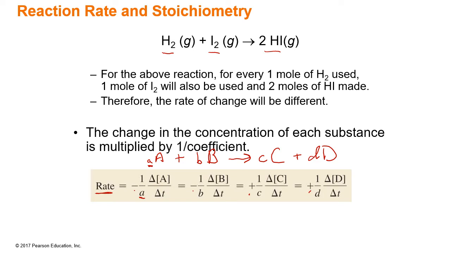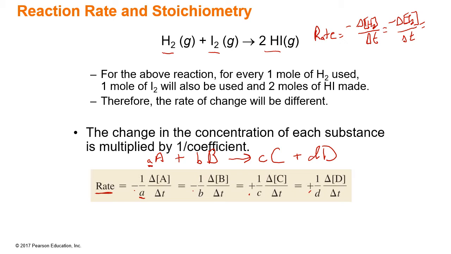So if we were going to write it for our hydrogen, we would say our rate is equal to negative change in concentration of hydrogen, and it would be 1 over 1, but that is the same thing, right? And then we would have negative change in concentration of our iodine over change in time.